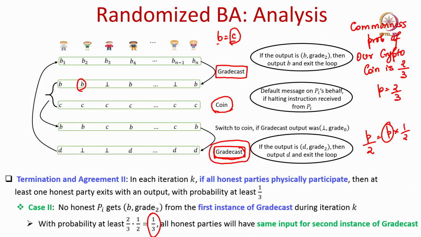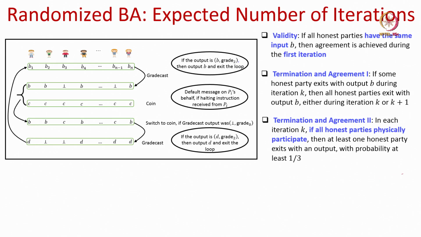If that is the case, all the honest parties will obtain B with highest grade and they will exit the iteration. So, that is case number 2.